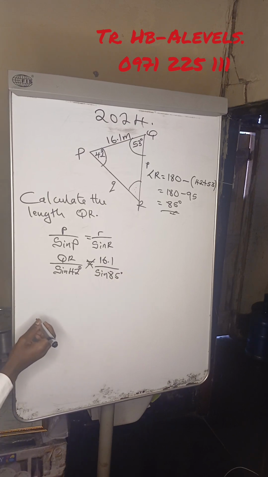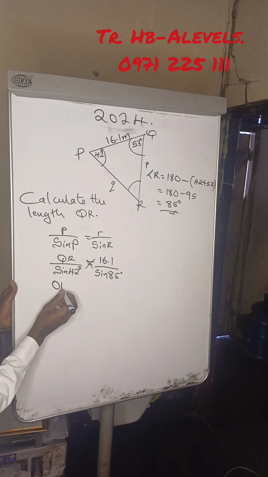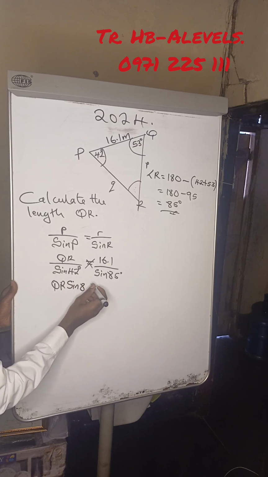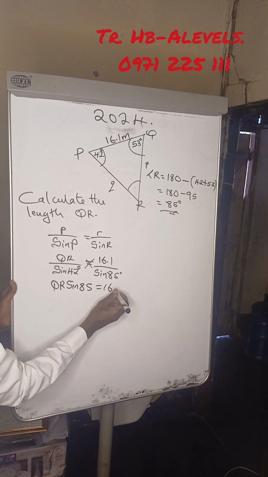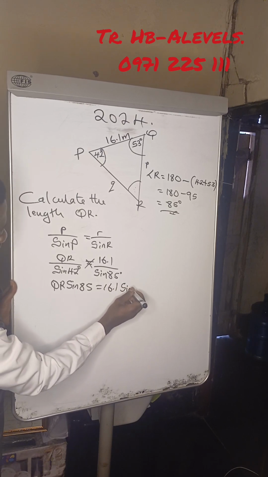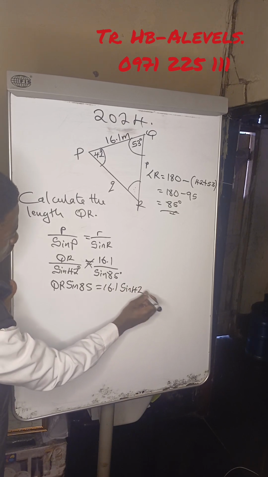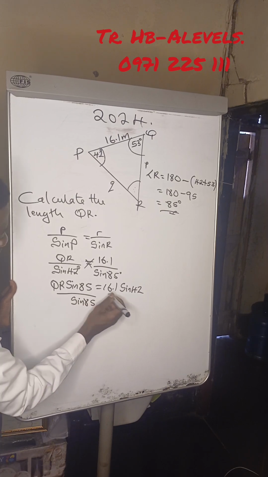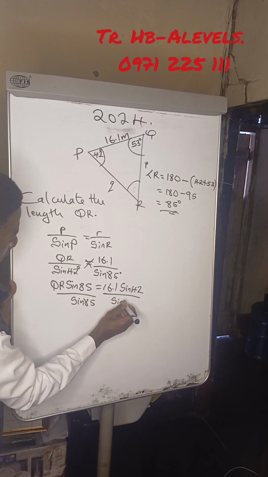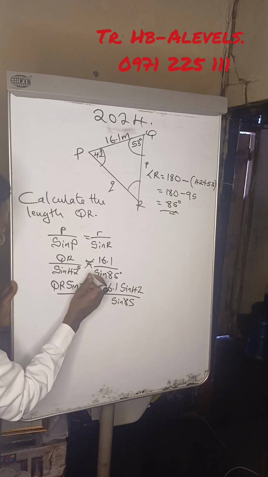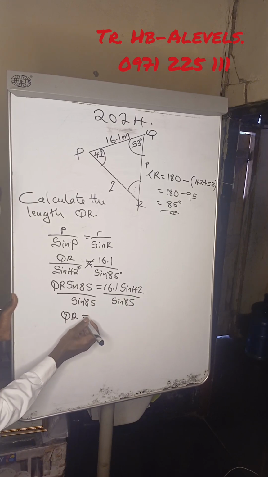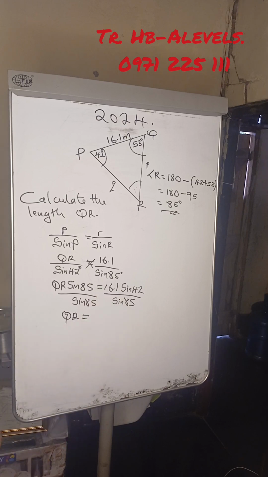So we can cross multiply now. So we are going to have QR times the sine of 85, which will be equal to 16.1 times the sine of 42. So we can divide by sine 85 on both sides. So that will cancel, and we will remain with QR, which will be equal to, when we divide here, make use of a calculator.